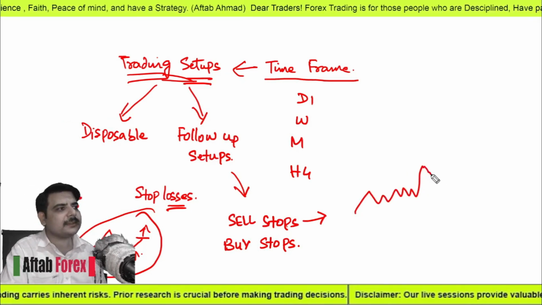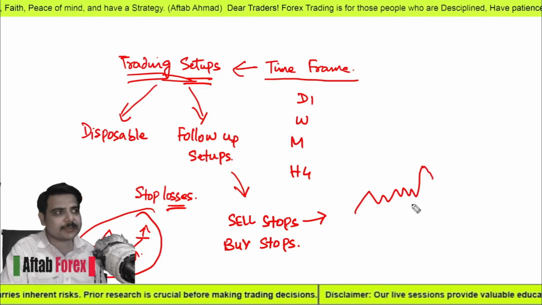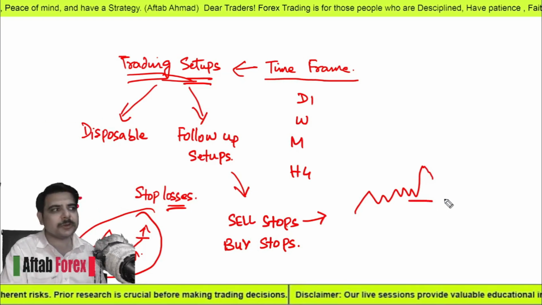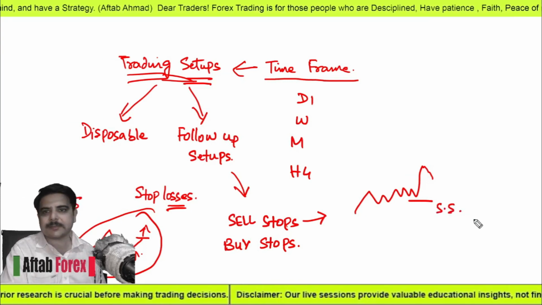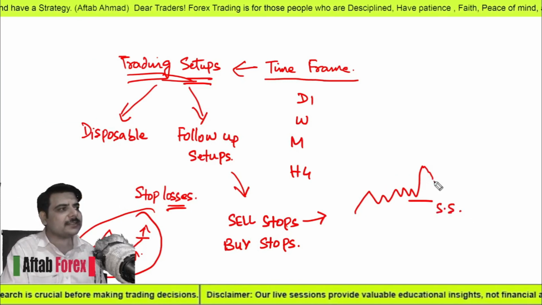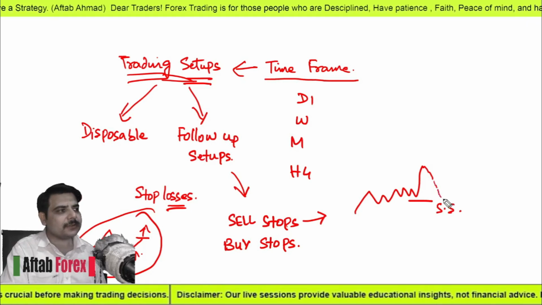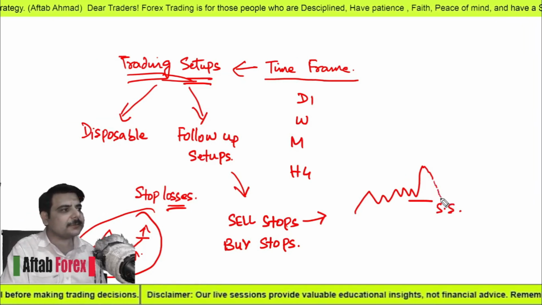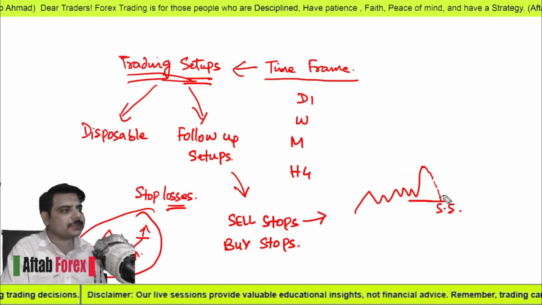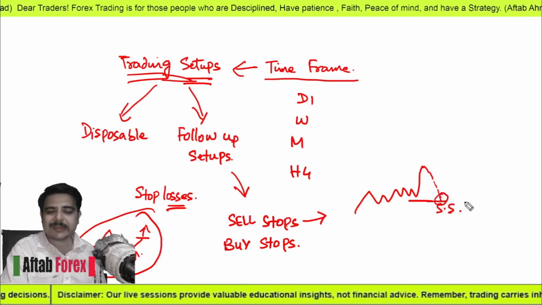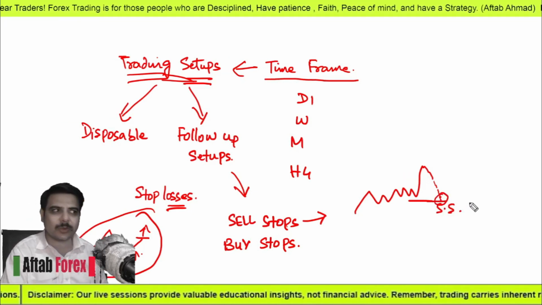If we think the market may be going against us, we set a sell stop, SS, at the lowest point below the support, which tells the broker that if the market reaches this certain point, add a sell position for me as well.